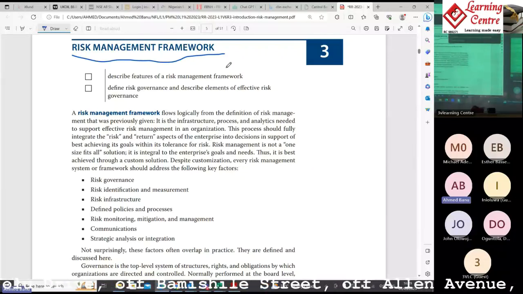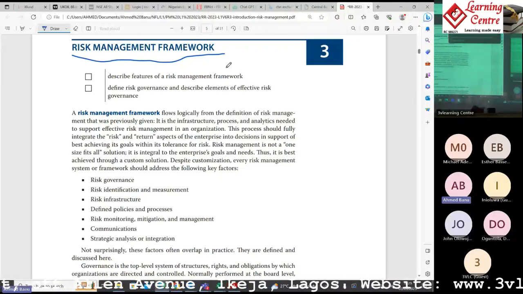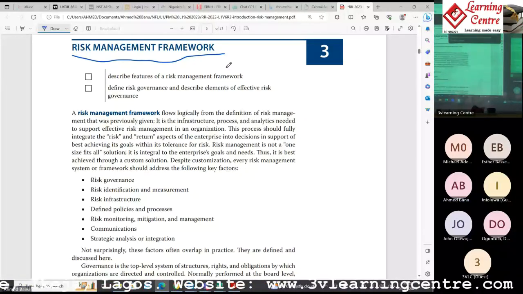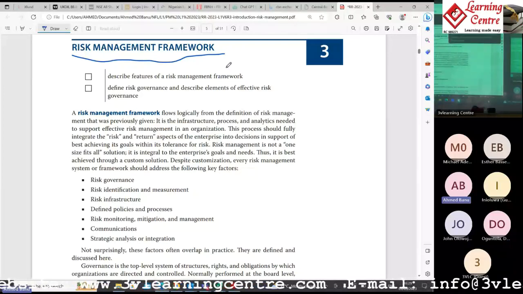Yeah. Then lastly is strategic analysis or integration. Now, what do we mean here? I want to create a scenario. So imagine that one organization has defined its level of risk, let's just hypothetically, as 20. And the business is just taking a level of risk that is 8.